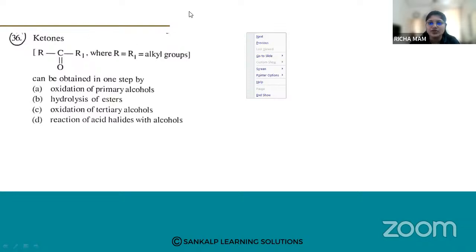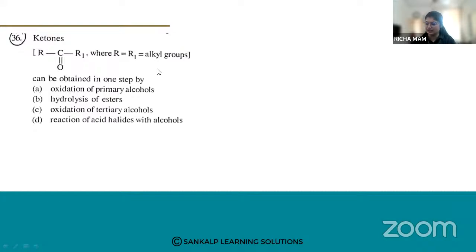So this is a question. Ketones are represented by R, C double bond O, R dash, where R and R dash are both alkyl groups.